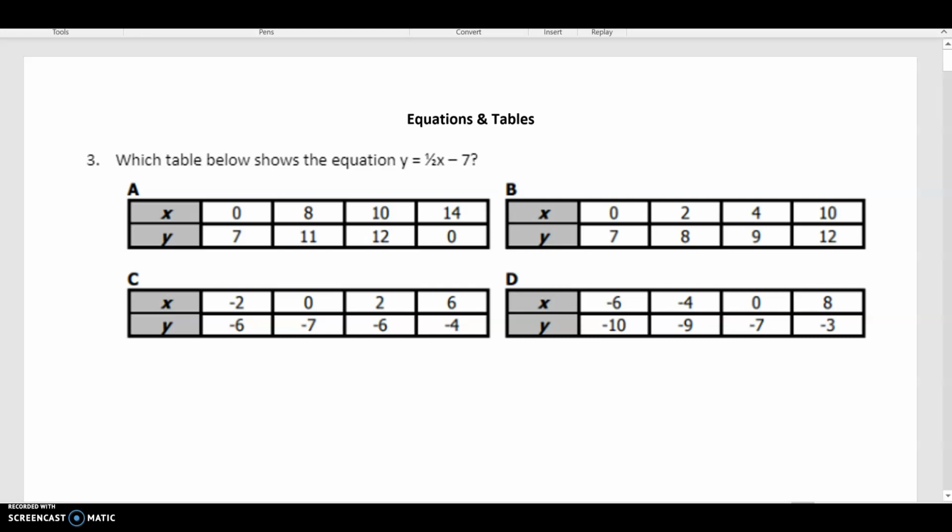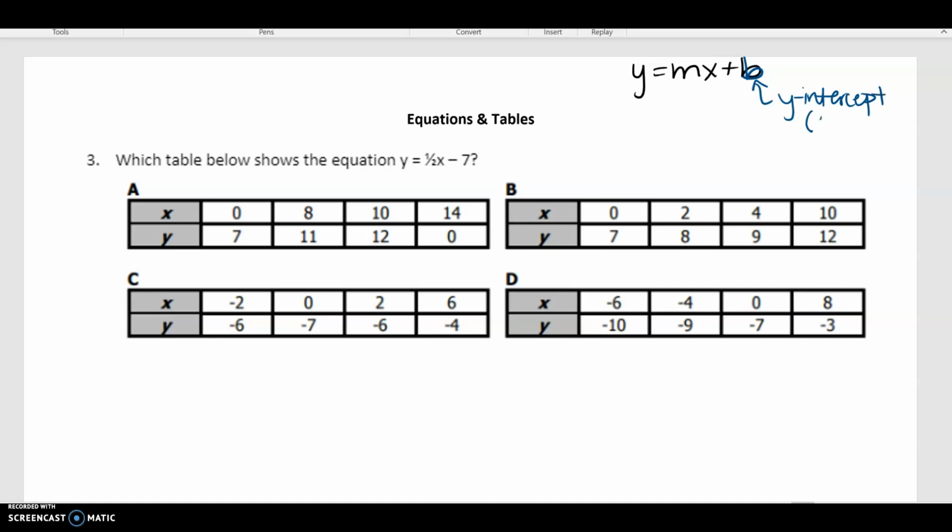Okay, guys, so we need to practice equations to tables. So the first thing that we're going to look at is just remember our equation. So we've been learning about y equals mx plus b, where b is my y-intercept, and that is the value of y when x is 0.